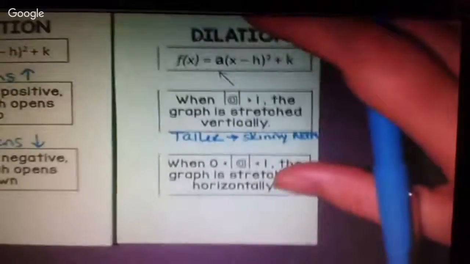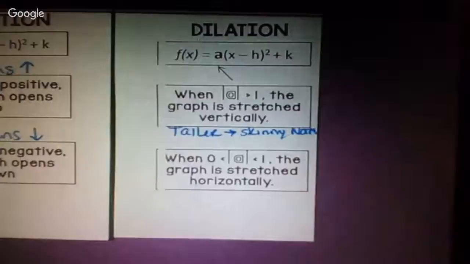When your A value is a number bigger than 1, we get taller and we've got skinny norm. When my A value is less than 1, it doesn't mean that it's negative per se, but less than 1. So 1/2, 1/4.